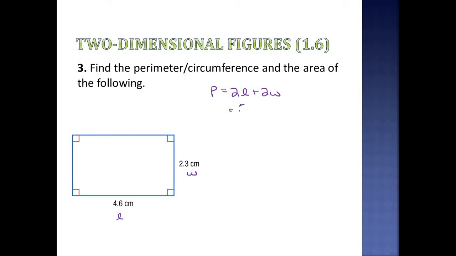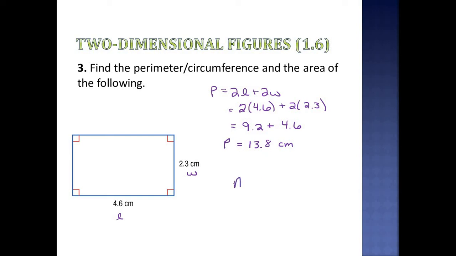So that's going to be 2 times 4.6 plus 2 times 2.3. And when we simplify that, we get 9.2 plus 4.6, and when we add them together, we will get 13.8 centimeters for the perimeter.